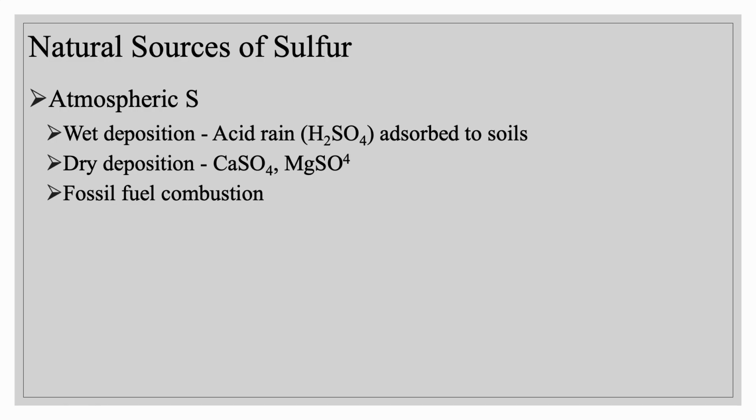In the fossil fuel combustion process, they use lime in order to absorb some of that sulfur to that calcium, and not all of that is really captured. Some of that does make it up into the atmosphere, and it can be deposited as very minuscule particles that we probably don't see.